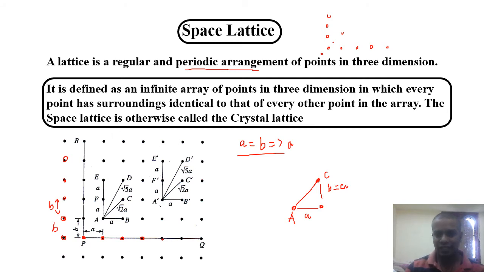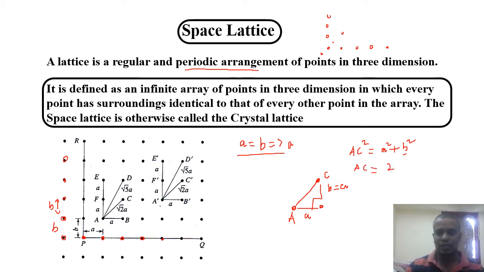What is the distance between A and C? Just a simple Pythagorean theorem, because the two adjacent sides, the x as well as the y parameters, make a 90 degree angle. If you look at this, it's 90 degrees. So we are just measuring the diagonal. Using the hypotenuse theorem, AC squared is equal to the sum of the squares of the other two sides, a squared plus b squared.